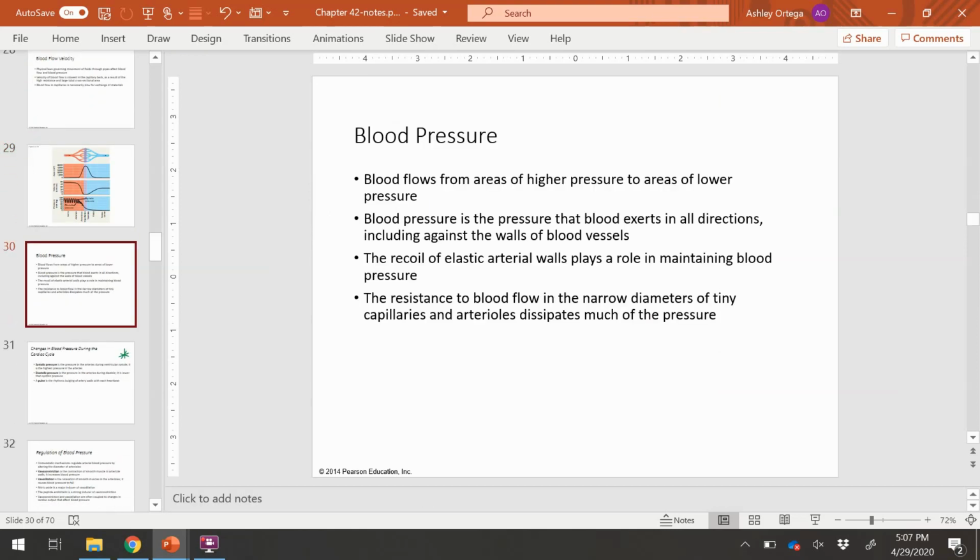Blood pressure is exerted in all directions, including against the walls of blood vessels. The resistance to blood flow in the narrow diameters of tiny capillaries and arterioles dissipates much of that pressure.